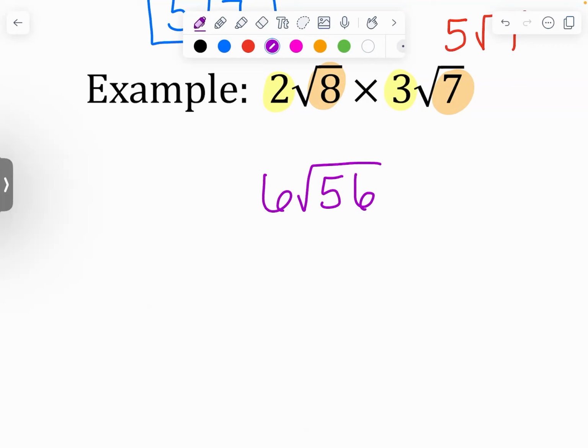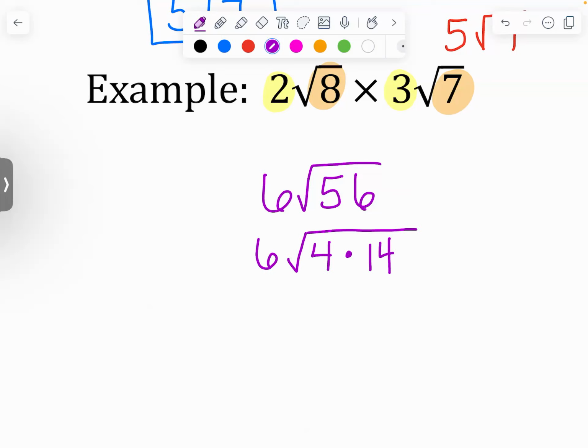So I would not, because you might just create more, you might have to simplify more later. So you can, but I think you might as well just multiply them and then simplify. Once you multiply them, you simplify down. Yep. So we know that 56 is 4 times 14, right? Okay.